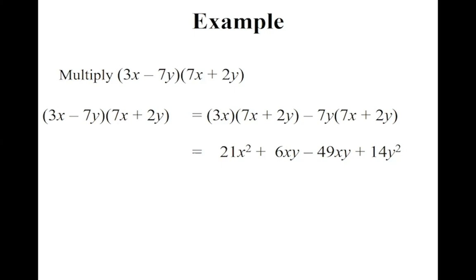All we have to do to get to the final answer is positive 6xy minus 49xy. If you did it and got 49yx, just remember yx and xy are the same thing. Positive 6 minus 49 gives us negative 43xy. So our final answer is 21x squared minus 43xy plus 14y squared.